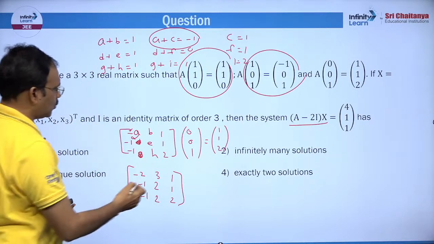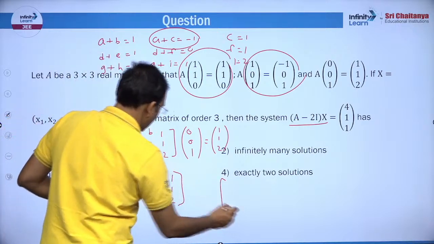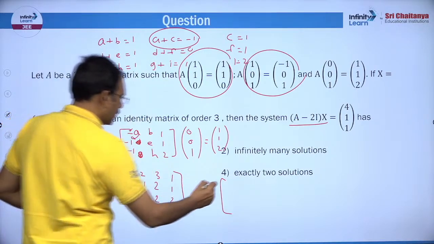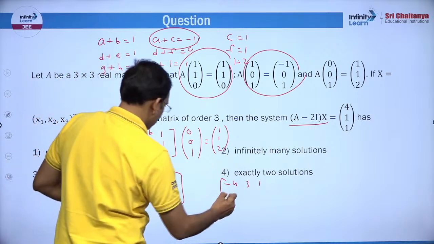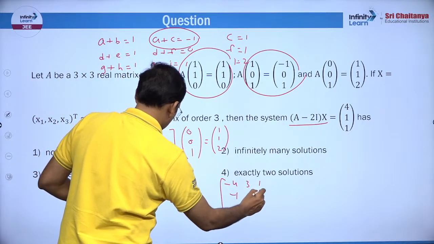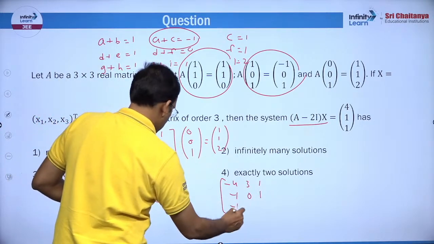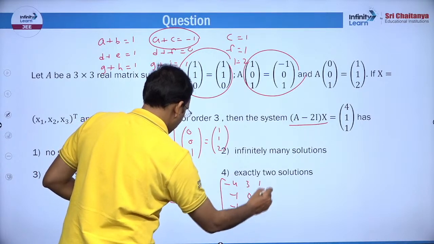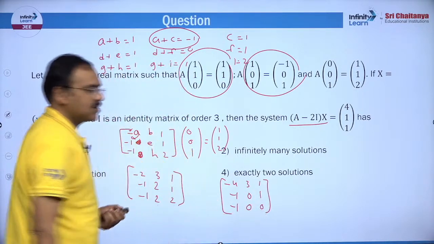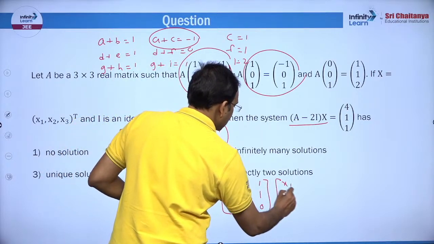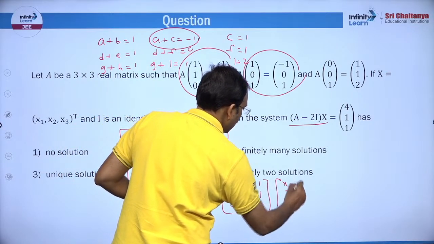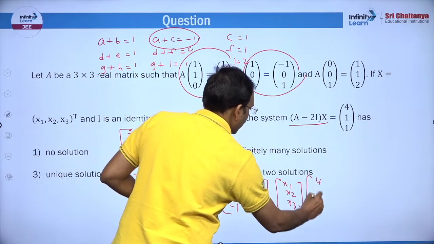So, A minus 2I will become, subtracting 2I, minus 4 3 1, minus 1 0 1, minus 1 0 0. This is A minus 2I, my dear friends, into x1, x2, x3 is equal to 4 1 1.